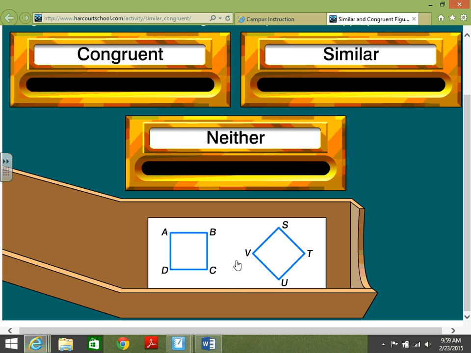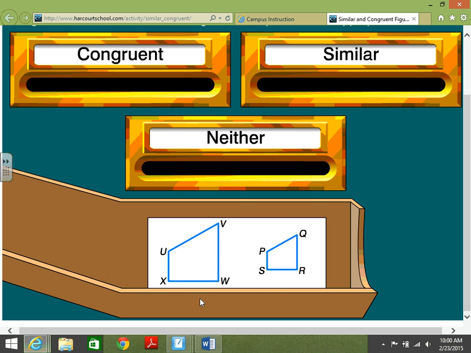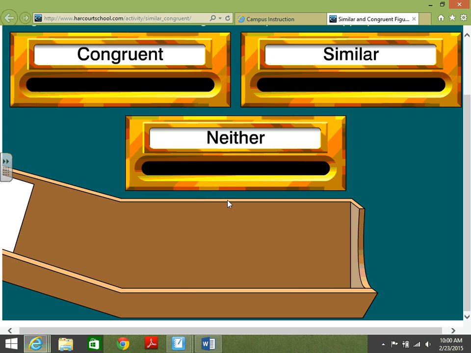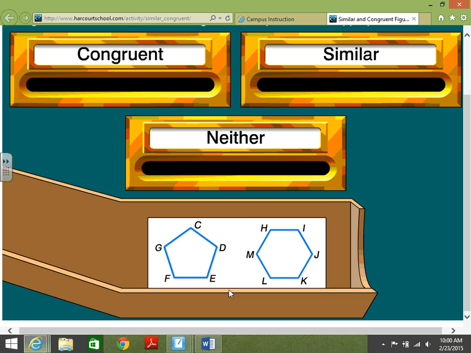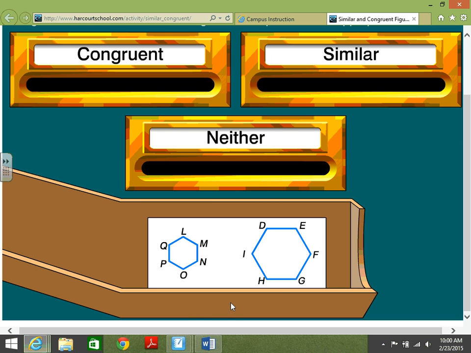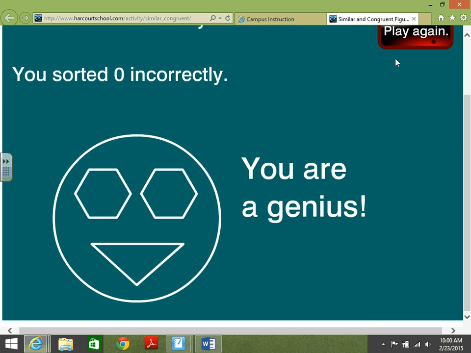No, they're exactly the same, so it would be congruent. That's similar. One's big, one's small. Same shape. Good. Excellent. You are a genius. All right.